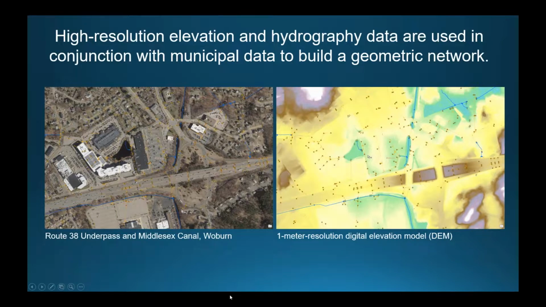So the high resolution elevation and hydrography data are used with municipal data to build a geometric network. I mentioned the municipalities. There's one other entity that is important to this audience, and that is transportation DOTs, which have their own jurisdiction with storm drain mapping. So that's another entity.